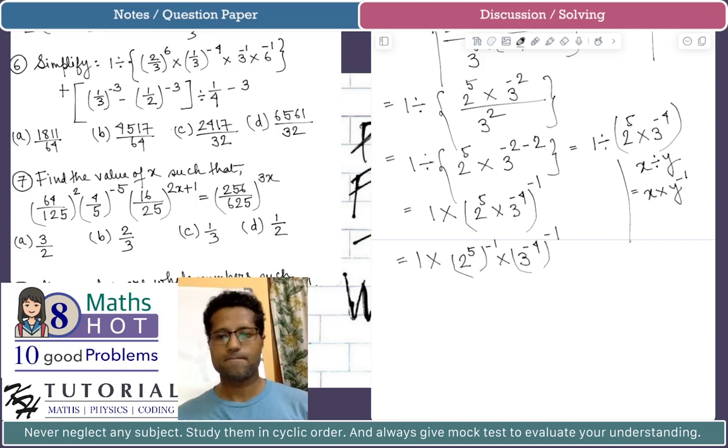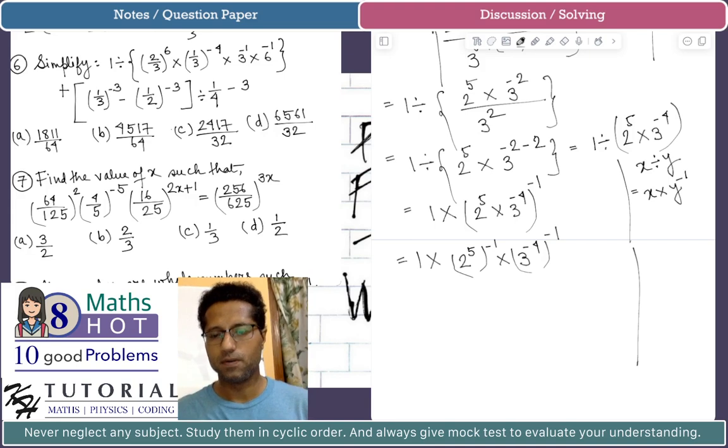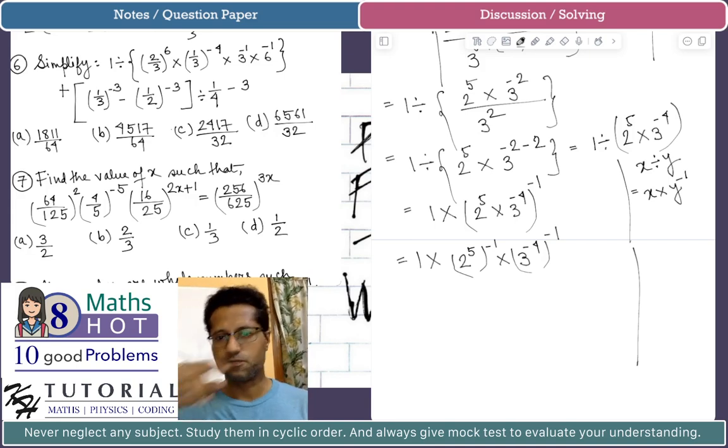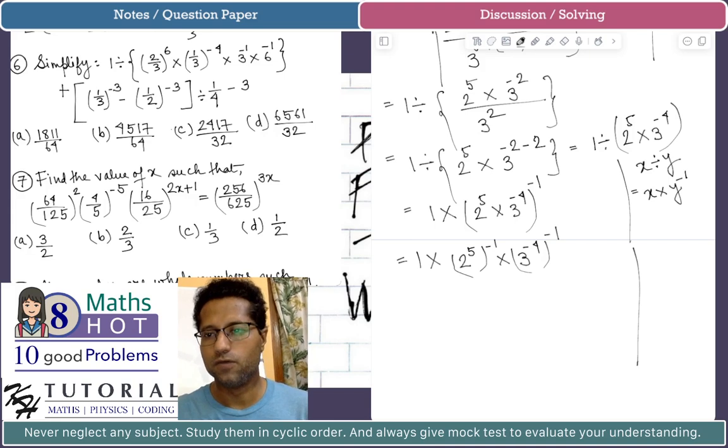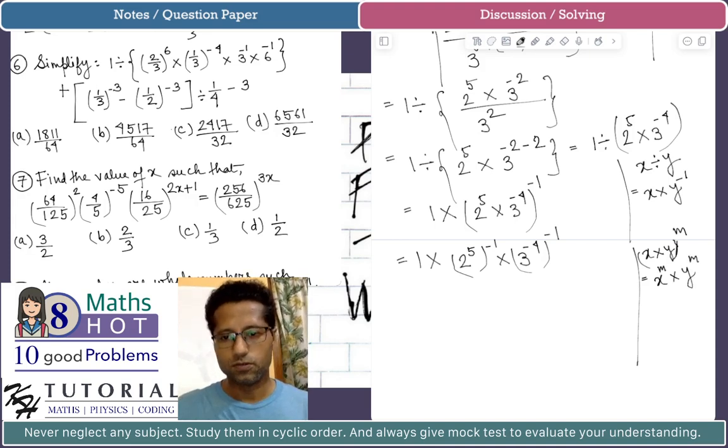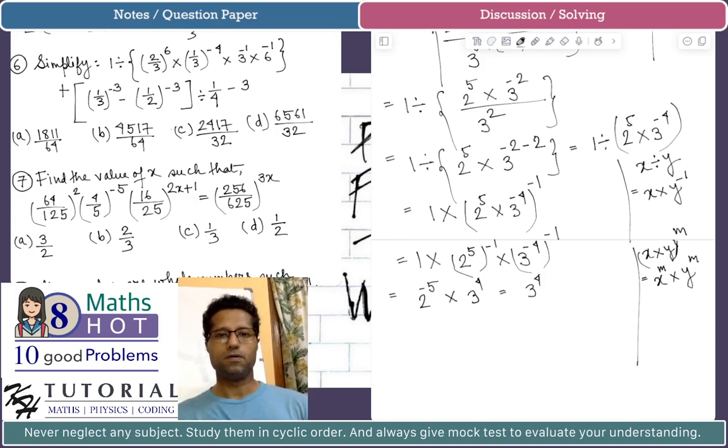Now 2 to the power 5 multiplied by 3 to the power minus 4, that whole raised to the power minus 1, I have split that using the formula that x multiplied by y, this whole raised to the power m is equal to x to the power m multiplied by y to the power m. So now this is equal to 2 to the power minus 5 multiplied by 3 to the power 4.